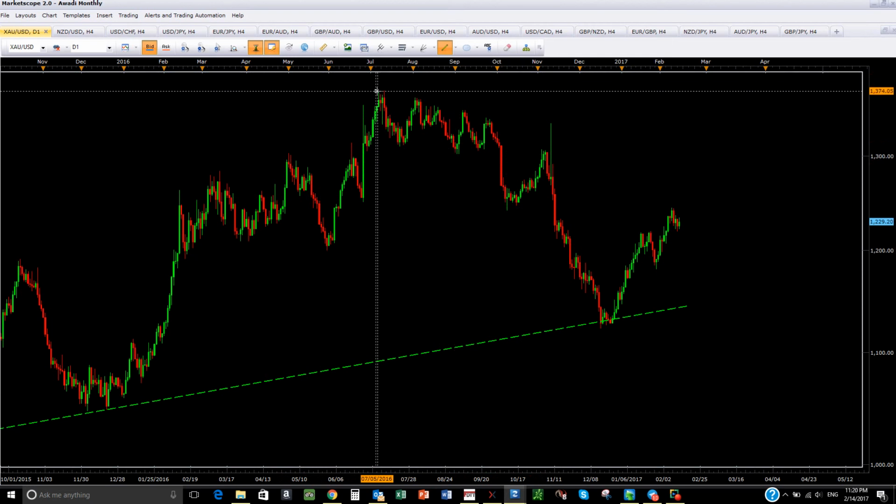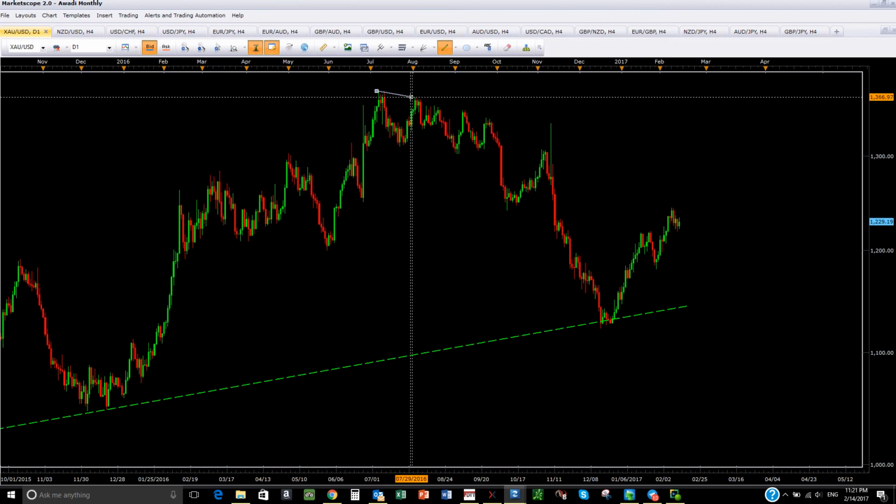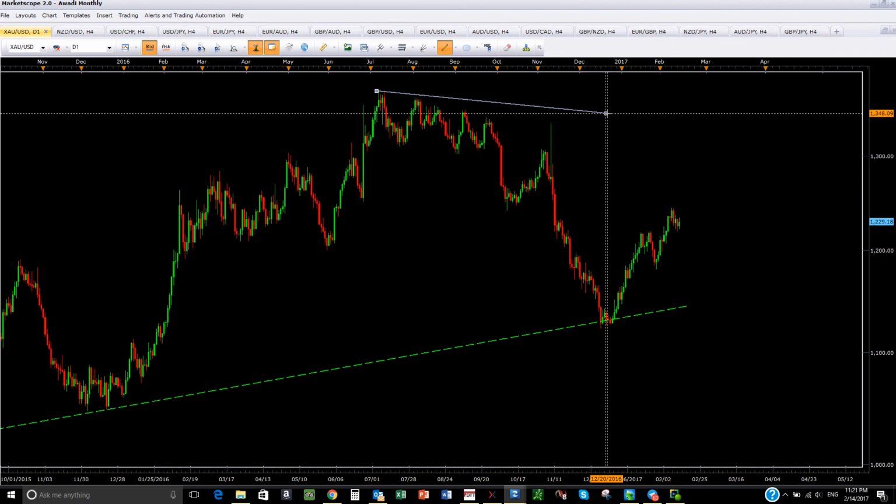As you see, I'm not working right now with a channel, just support and resistance, and I feel very comfortable with that. Resistance and support is much more profitable, to be honest with you. I agree the channel works, but I like the simplicity in my charting. I don't like so many lines.